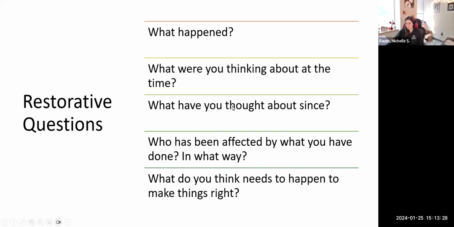All right. Whenever a decision is made or a conflict arises, and everybody needs to talk about how to resolve the conflict or move through the decision, there are 5 questions that are at the core of every conversation that we have in these circle processes, and they're what we refer to as restorative questions.